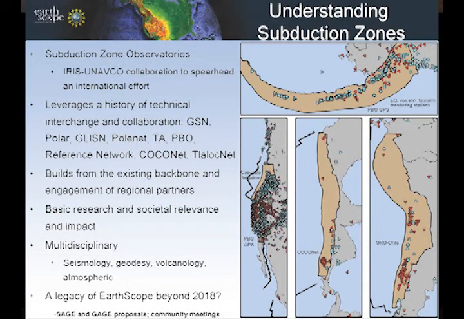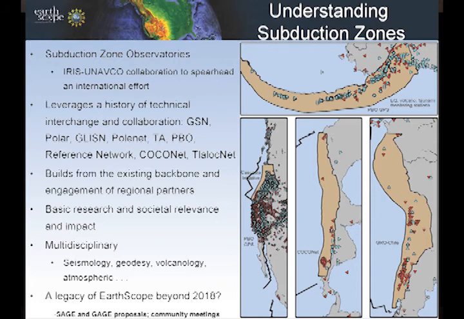One reason why this might be plausible from a practical sense is there are a lot of networks that could be stitched together. That would be the basis of something like this Subduction Zone Observatory. We have what we have left from EarthScope, so Plate Boundary Observatory and various parts of USArray in Alaska and the lower 48.